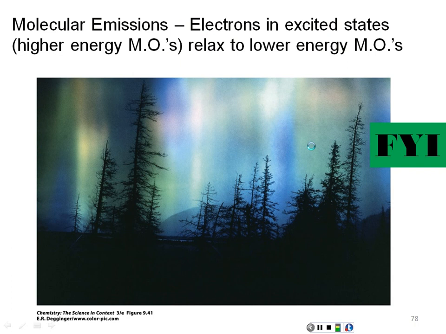Another way of using molecular orbital theory to explain a natural phenomenon comes in the aurora borealis. Now we're looking at emission spectra, molecular emission spectra: electrons that are in excited states relaxing down to lower energy molecular orbitals.